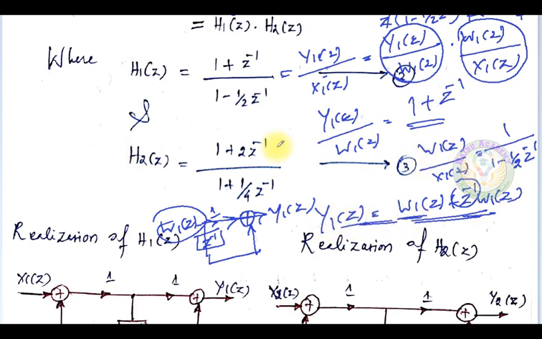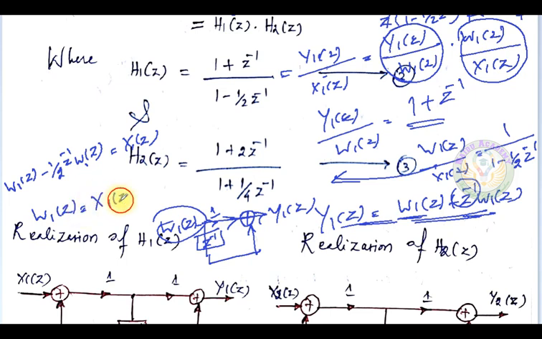Similarly for this, if you cross multiply this, you will get w1 of z minus 1 by 2 z power minus 1 w1 of z, that is equal to x1 of z. Now w1 of z is equal to x1 of z plus 1 by 2 z power minus 1 w1 of z.